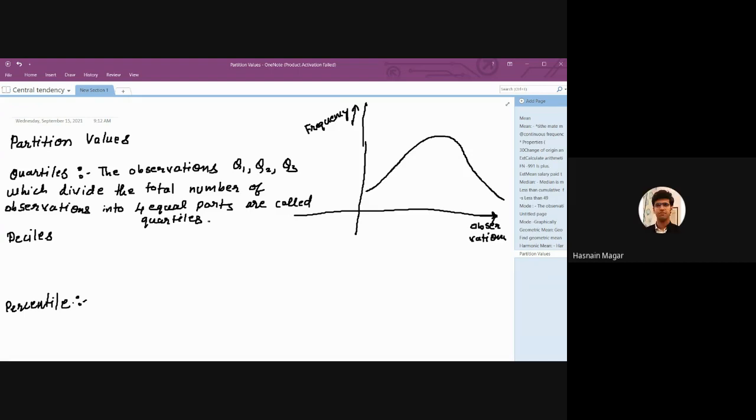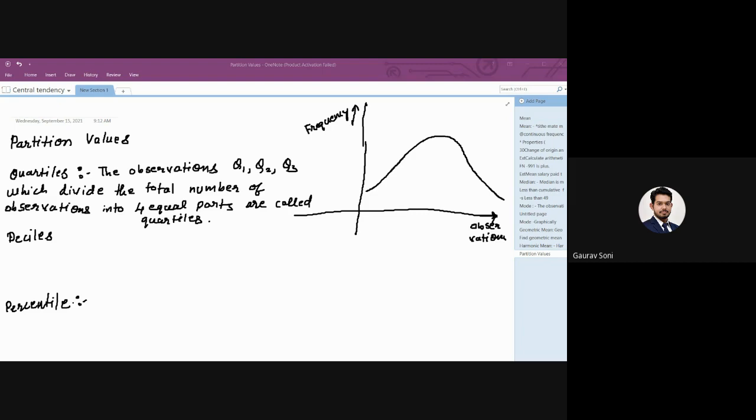Because one is the median, and the rest, we need the rest 2 parts of the median which are already divided. We need 2 points to divide them further. So these are 3. Look, the area you are dividing will be divided by 3 points.